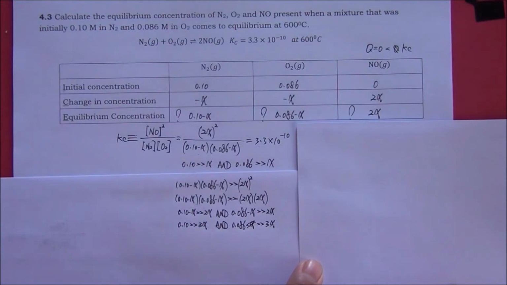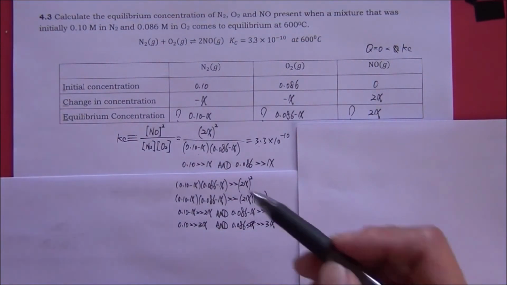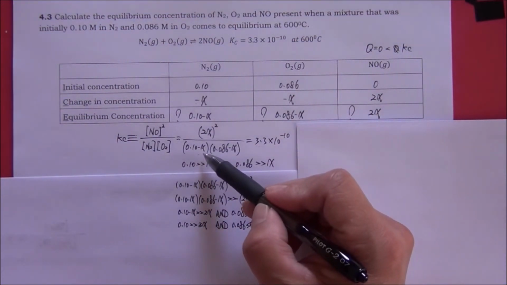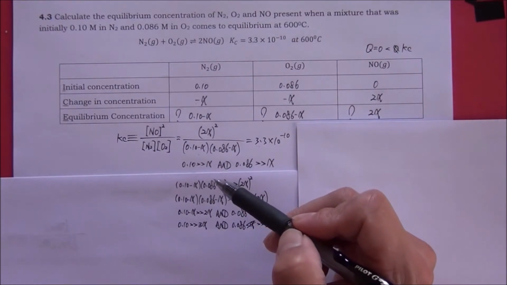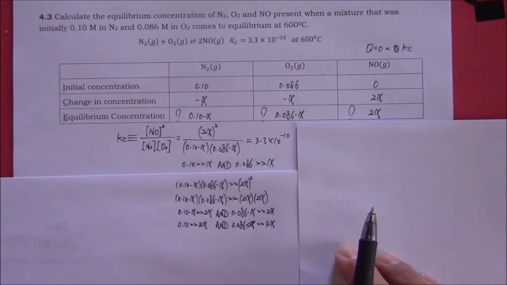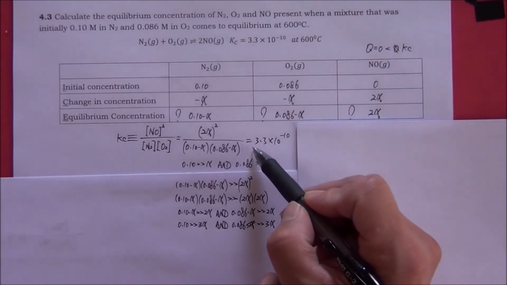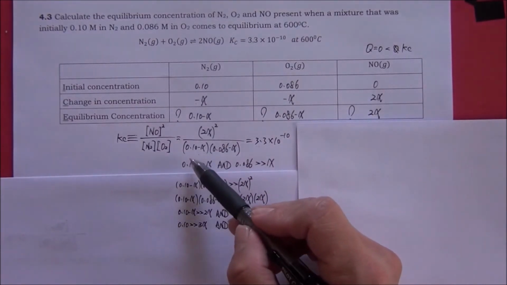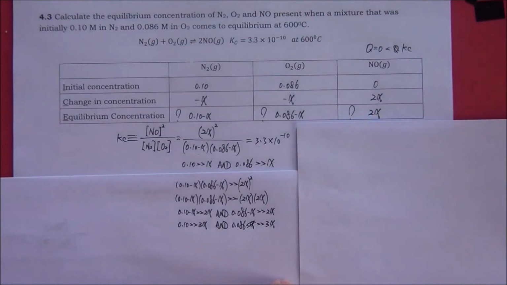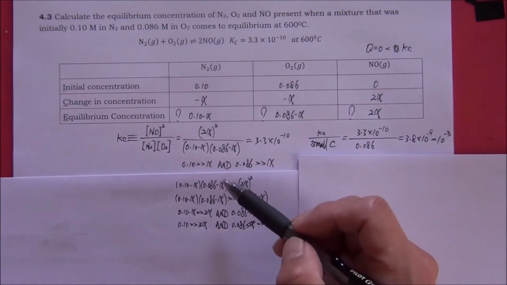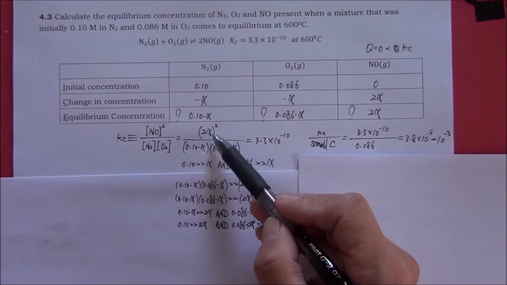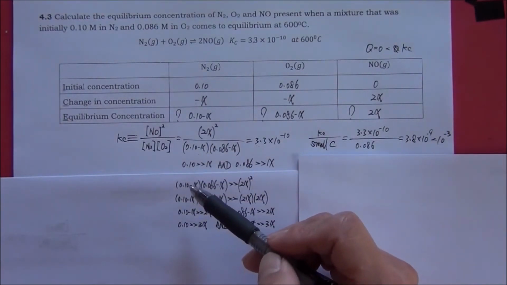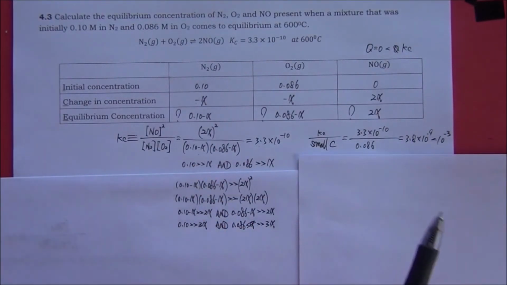At this point, you may wonder, Dr. H, when can we assume x is much smaller than the original concentrations of the reactants? As a general criterion, which may not be 100% correct, if the ratio between the equilibrium constant and the smaller concentration of the reactants is smaller than 10 to the negative 3, we can assume that x is much smaller than the original concentrations of the reactants.